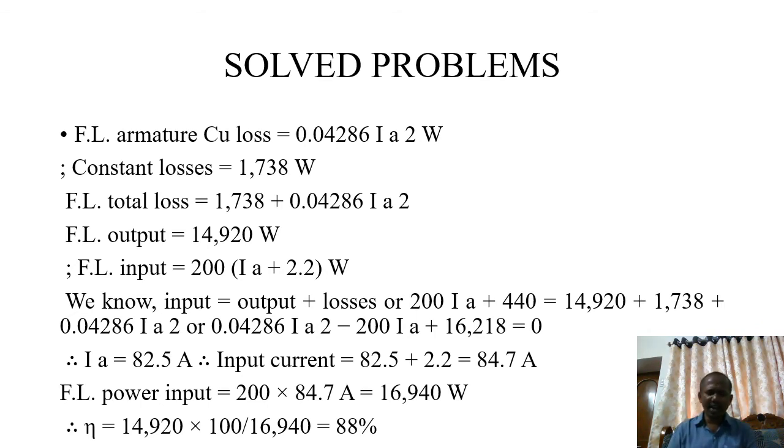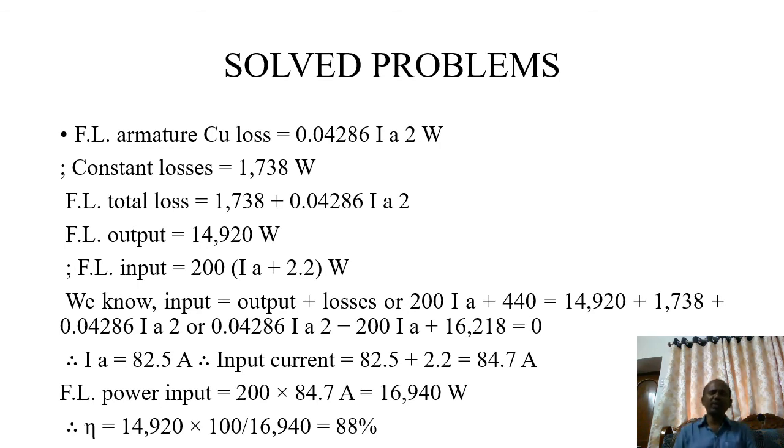So Ia is equal to 82.5 amperes. What is the armature current? 82.5 amperes. Now you can note the input current, 82.5 plus 2.2, which is equal to 84.7 amperes. Now you can calculate power input, V into I, 200 into 84.7, which is equal to 16,940 watts.